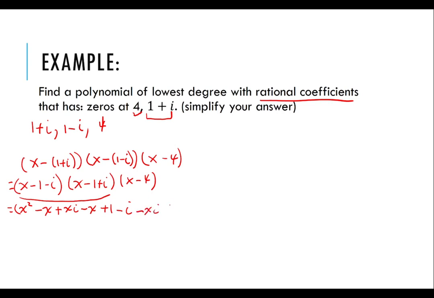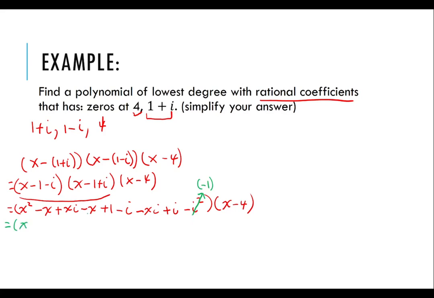Negative i times negative 1 is positive i. Negative i times positive i is negative i squared, all times x minus 4. Then some notes. Of course, i squared becomes negative 1, and so this is minus minus 1, or plus 1. And then we have x squared is its only like term.